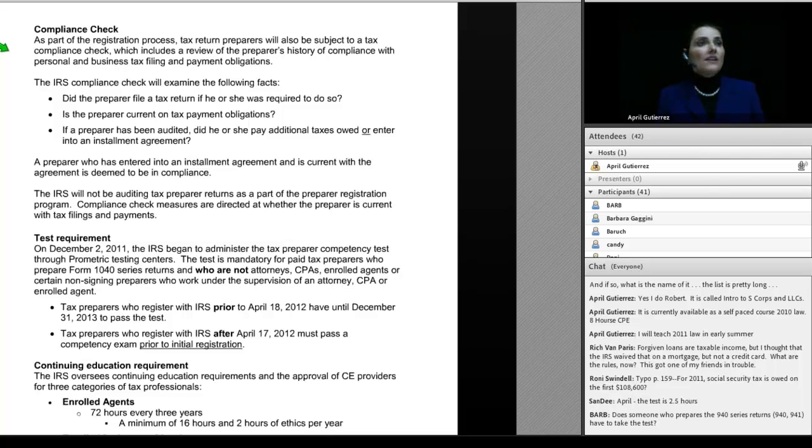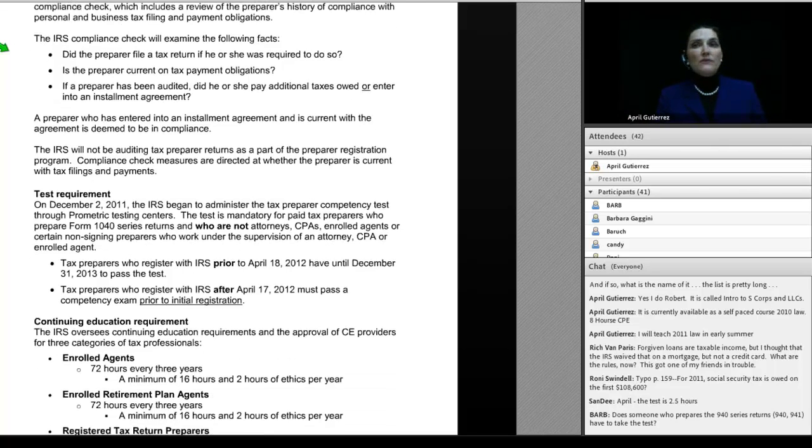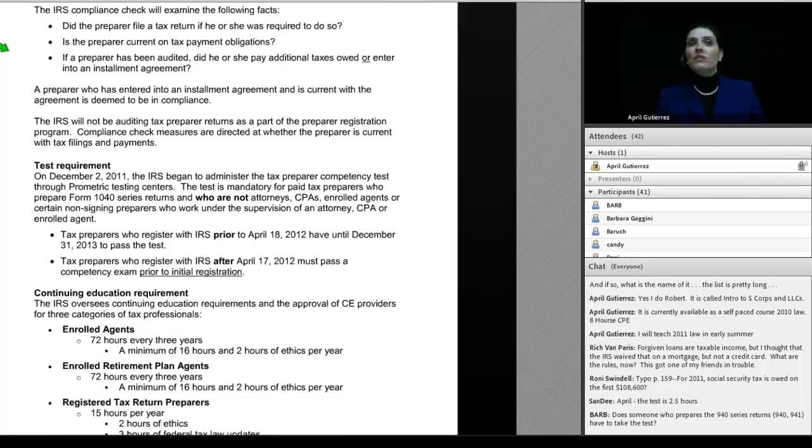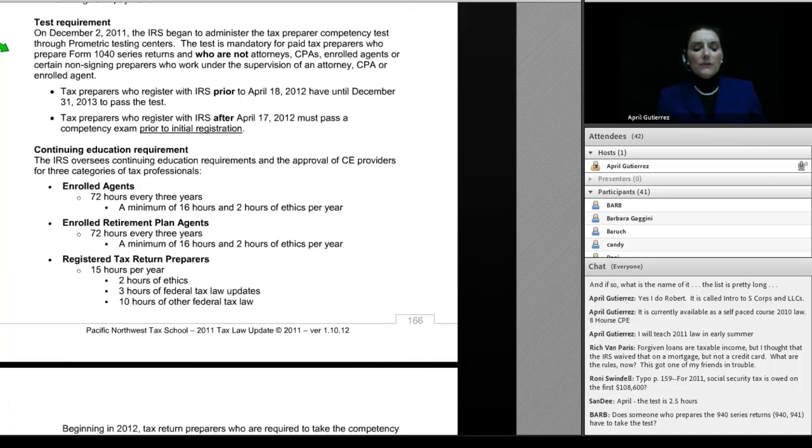So if you owe and are not involved in an accepted installment agreement, then they won't give you a PTIN. So if you owe and you can't afford to pay and then you went into an installment agreement, that's okay. But if you don't have an installment agreement, you owe and you haven't paid, they won't give you a PTIN.